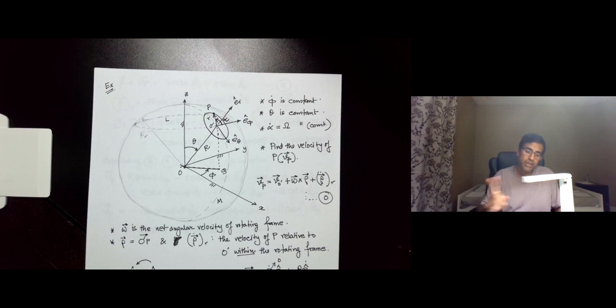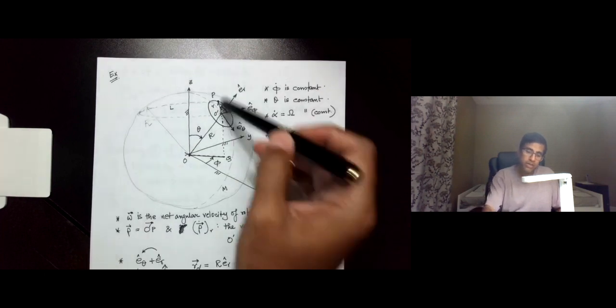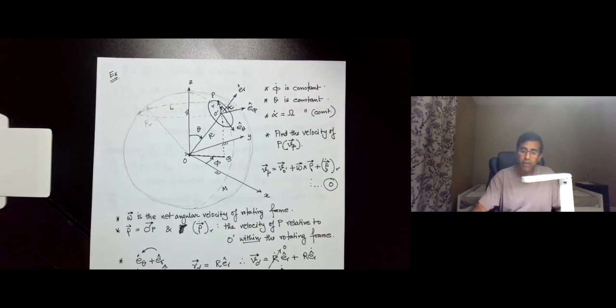Furthermore, this gyroscope makes a constant nutation angle theta with respect to the vertical, and under these considerations our goal was to find the velocity of an arbitrary point P on the circumference of the disk, given that the disk itself is spinning about the rotating axis with a constant angular speed.